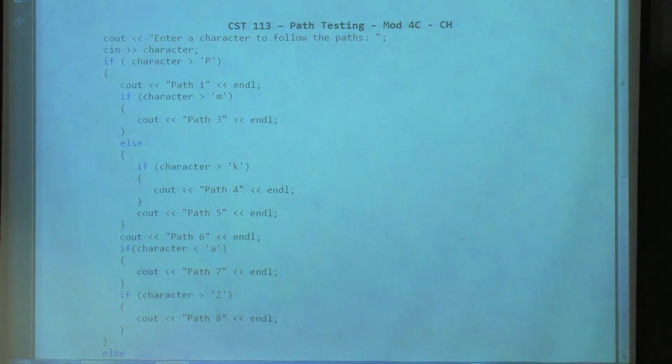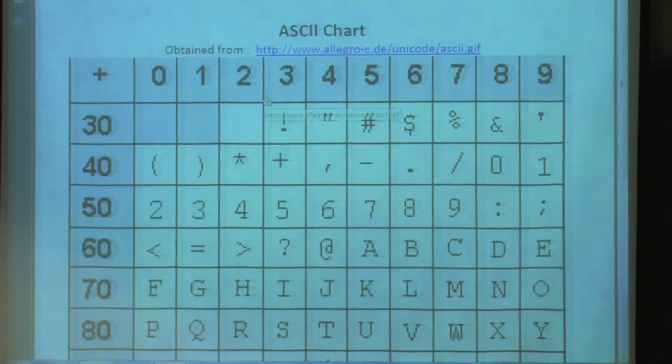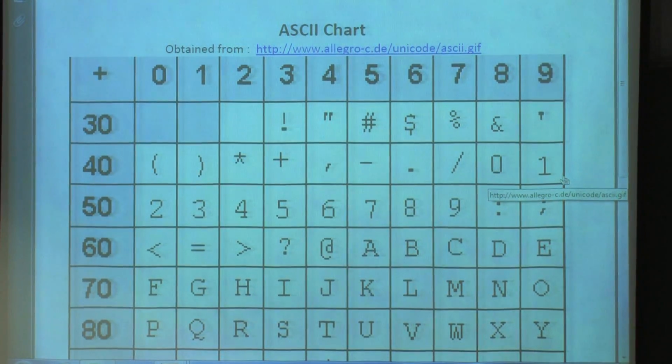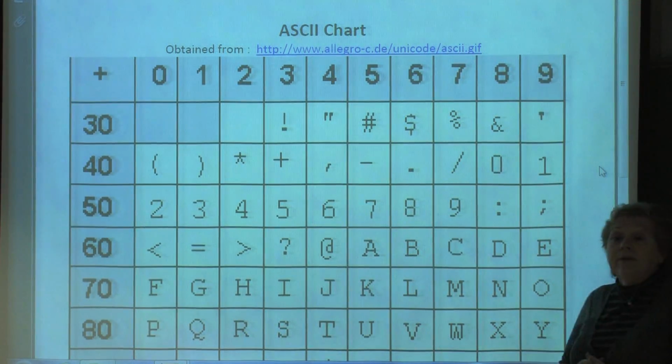I don't know if I brought the ASCII chart up. Okay, so the first thing we need to look at is this ASCII chart to understand it. Does everybody have it in front of them?